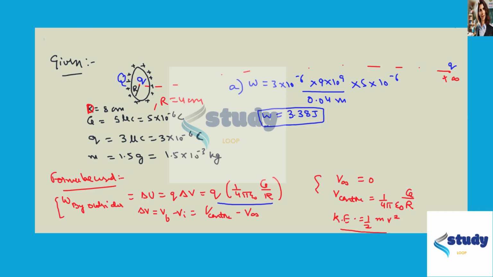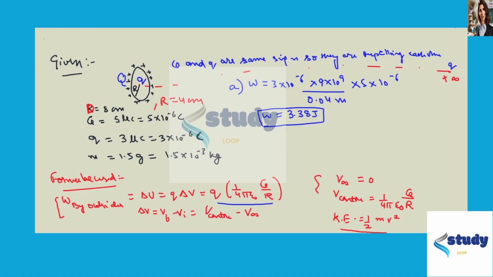Since q and Q are of the same sign, they are repelling each other. When brought from infinity, the potential is 0, which means no force is acting on this particle q by capital Q. So we have done some work against the force acting by capital Q on the q charge.